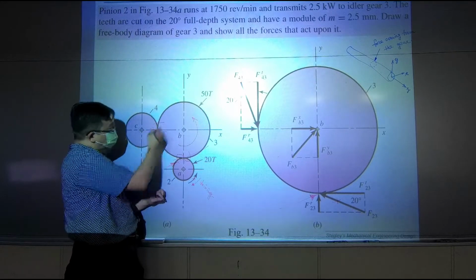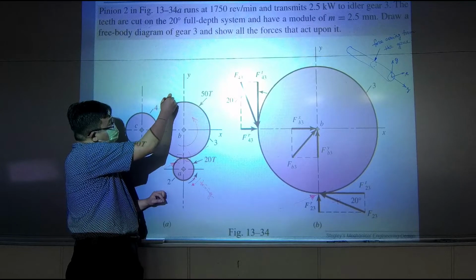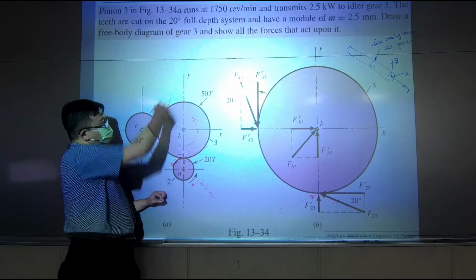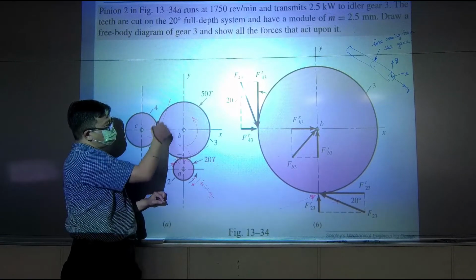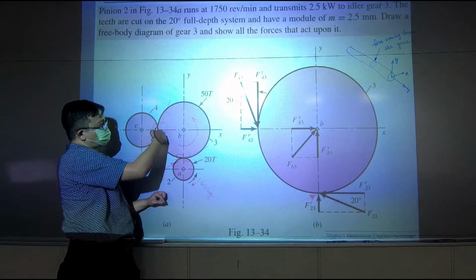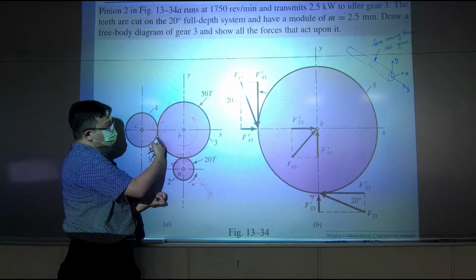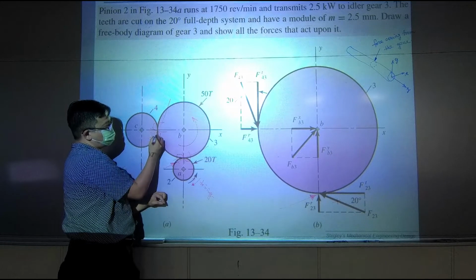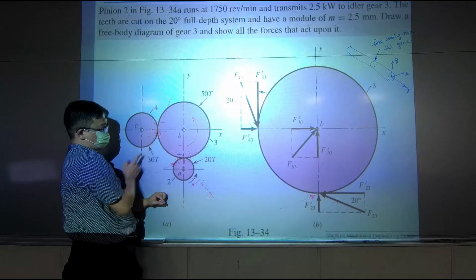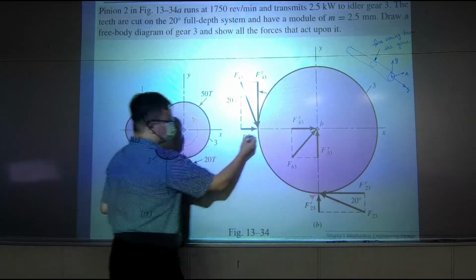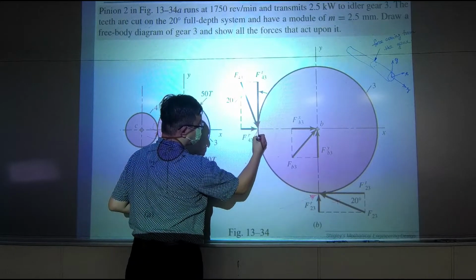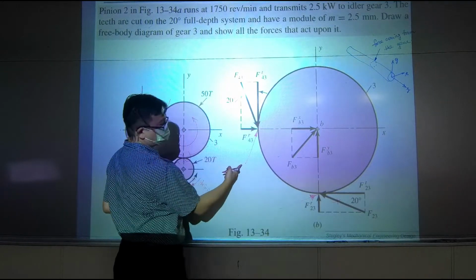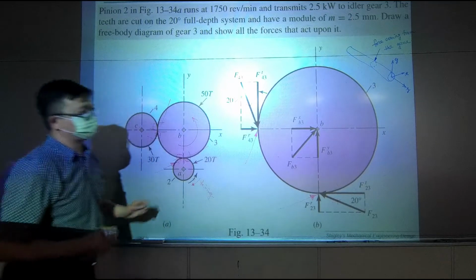So it's going this way. And since the tooth on B pushes the tooth on C, the tooth on C pushes back. So it's pushing back here. So that means the external force right here should be in this way, not this one. Okay?